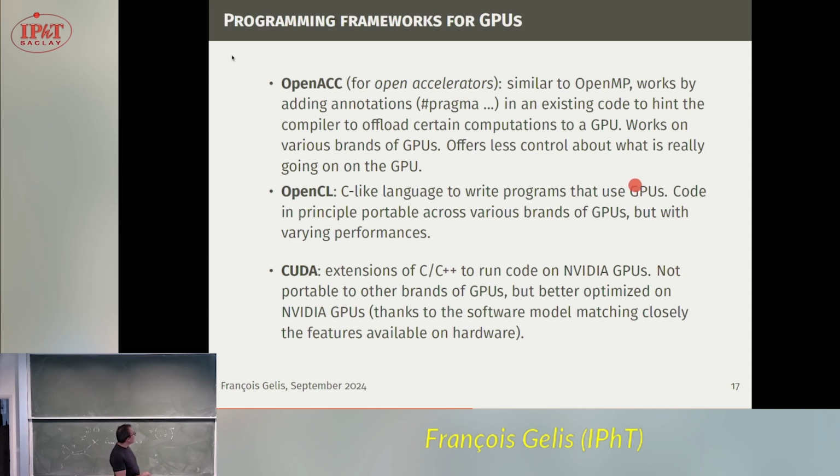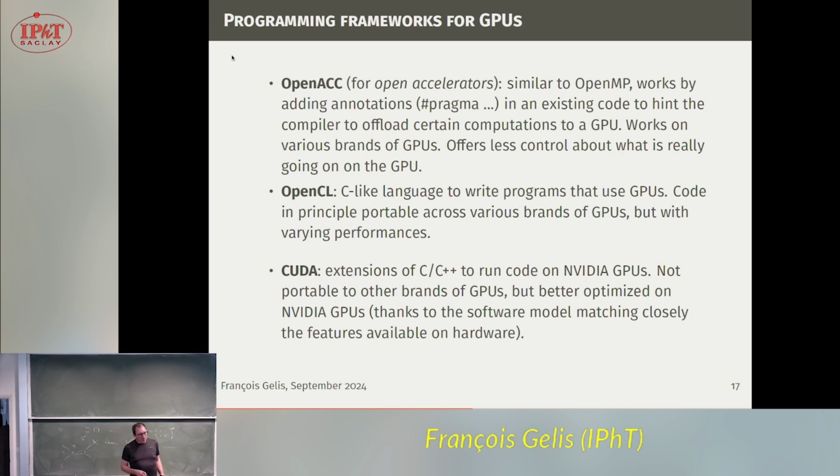And then you have CUDA. So CUDA is specific to GPUs made by NVIDIA. And it's a rather small set of instructions in C or C++ to run code on these GPUs.